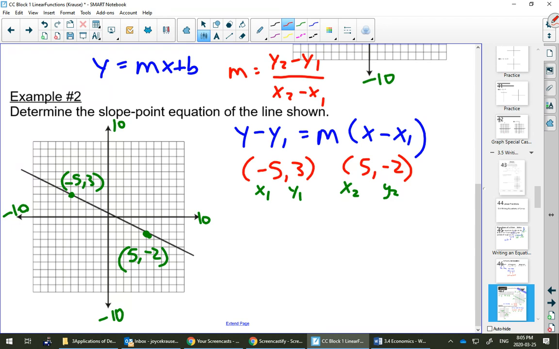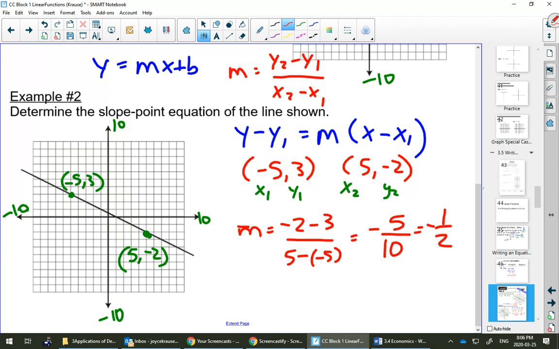We would have m equal to -2 minus 3 all over 5 minus -5. So that gives us -5 all over 10, which is -1/2. Okay, so that's going to be our slope.